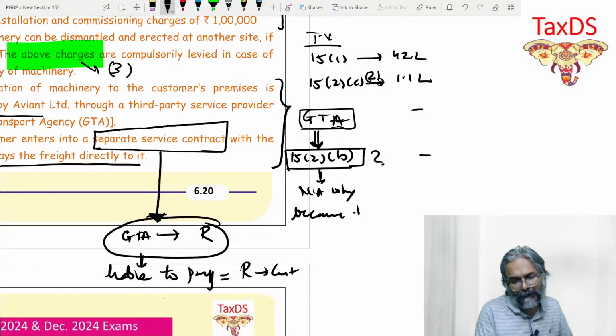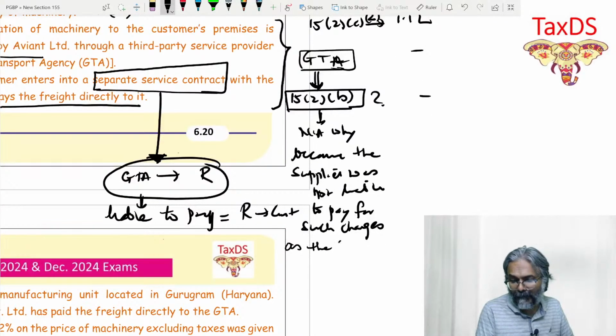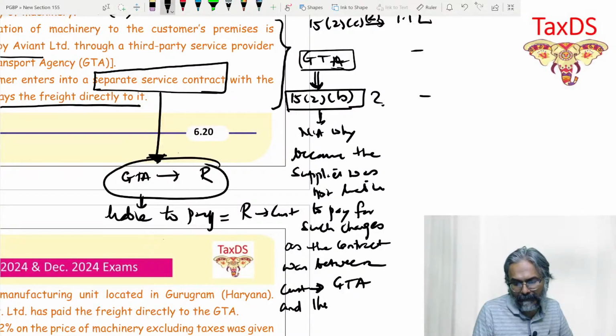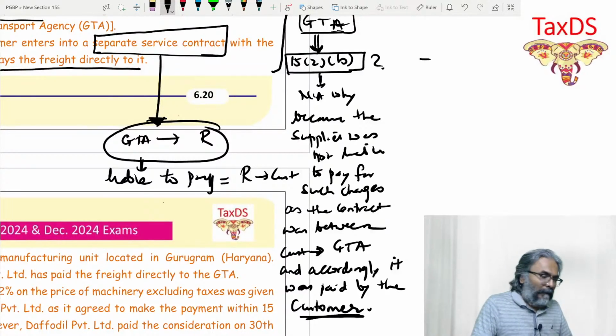Because the supplier was not liable to pay for such charges, as the contract was between the customer and GTA, and accordingly it was paid by the customer.